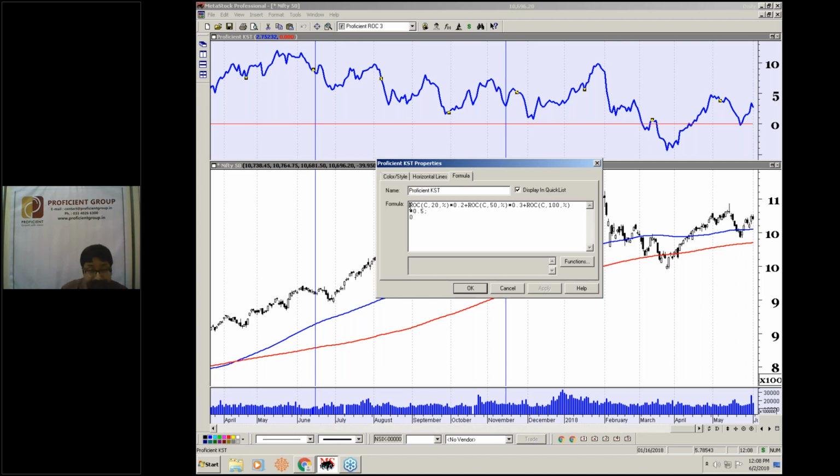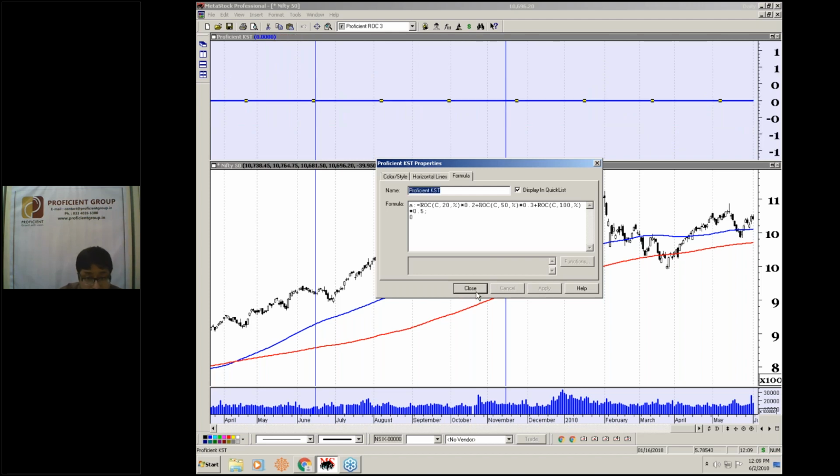We are defining the KST as a new variable. We are not plotting anything here.